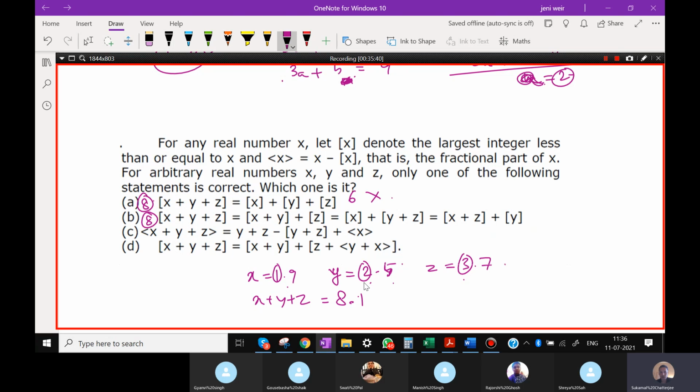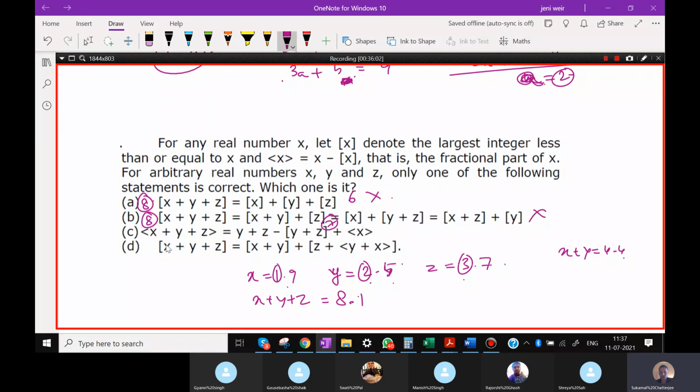X plus y will give you 1.9 plus 2.5, which is 4.4. The box of that would be 4, plus box of z would be 3, 7, which is not holding. This is also not correct.